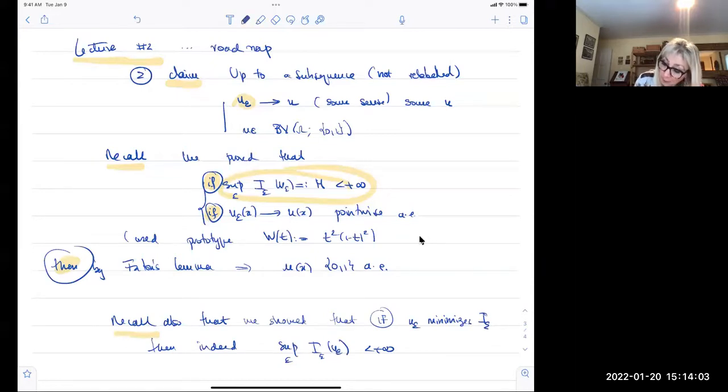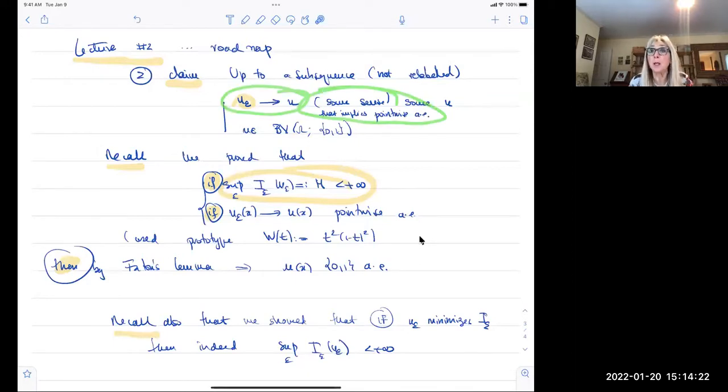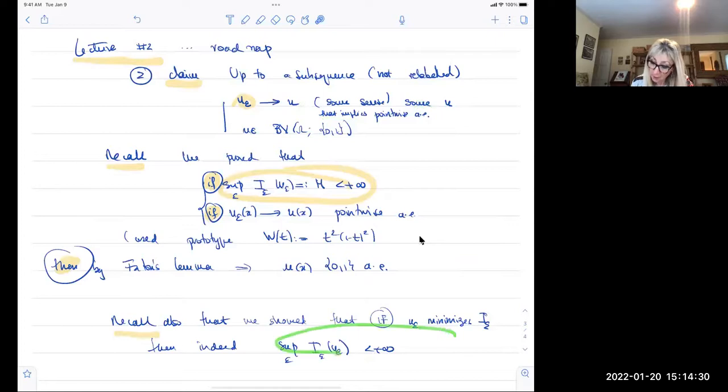And so here, if I prove that up to a subsequence, U epsilon goes to U, in some sense that implies pointwise, then you can come down here and say, I already proved this, but then I have pointwise convergence, so I know that my U will have to be in 0, 1 anyway.